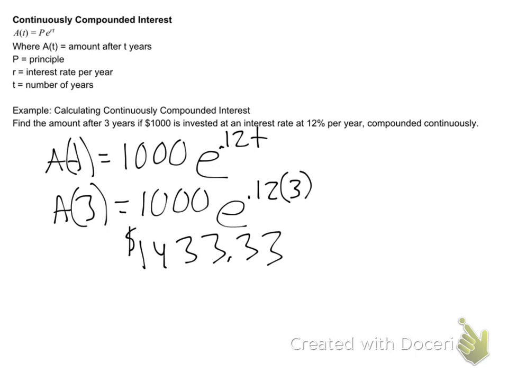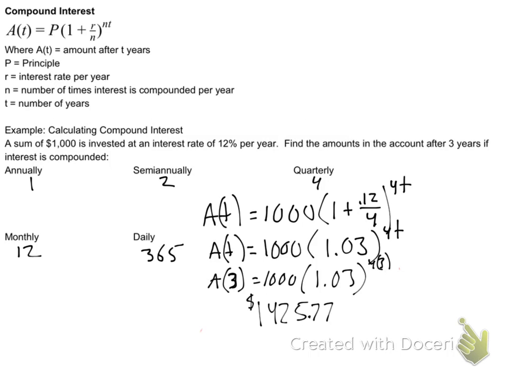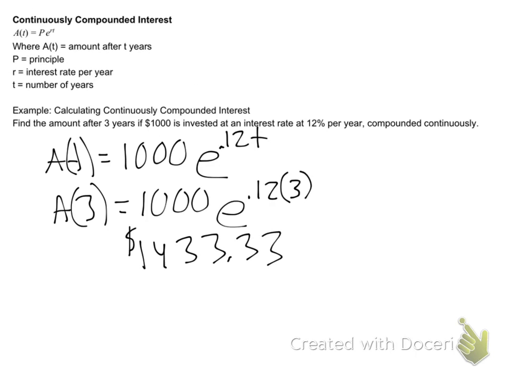Slightly different than what we got from the first one, by quite a bit: $1,425 or $1,433. You've got about $8 more in 3 years by doing it continuously versus quarterly.